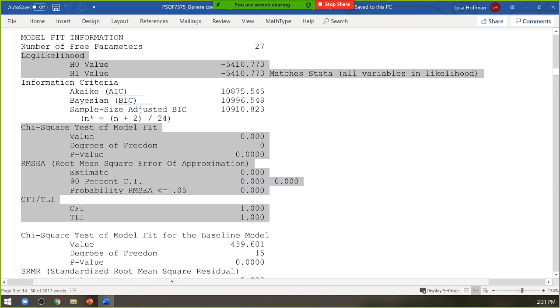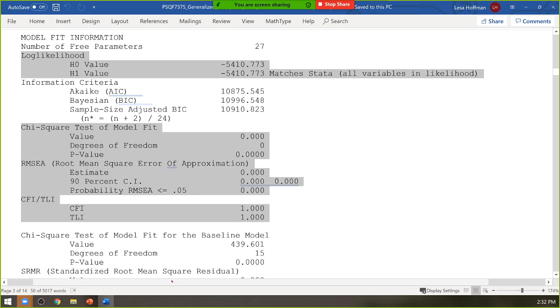The H0 log likelihood is exactly the same as the H1 log likelihood. My chi-square test is 0, my RMSEA is 0, and my CFI is 1. What does that tell me? H0 is not worse. You have a saturated model.